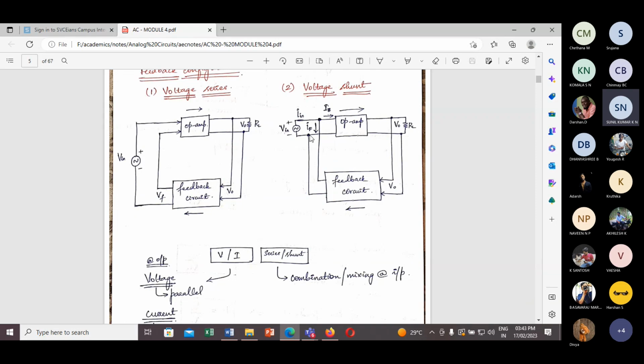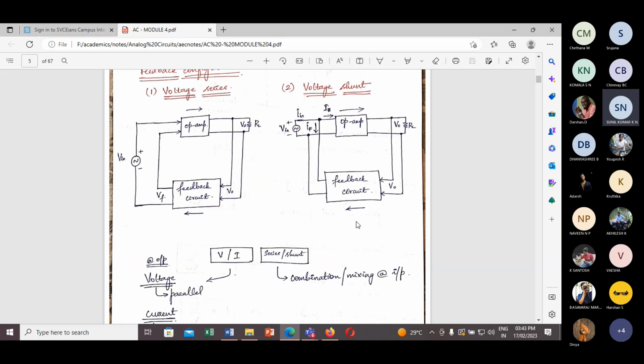Whenever the input signal is current and the output you get is a voltage, the feedback signal is mixed to the input side in a parallel way, and hence mixing of the current takes place in parallel. Hence the circuit configuration is called voltage shunt configuration.